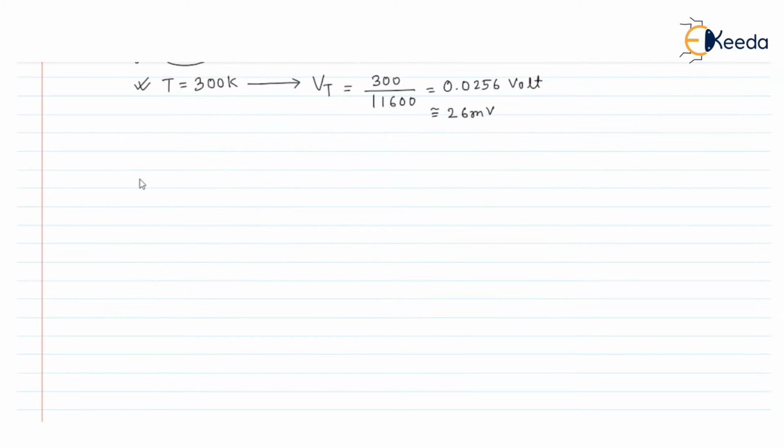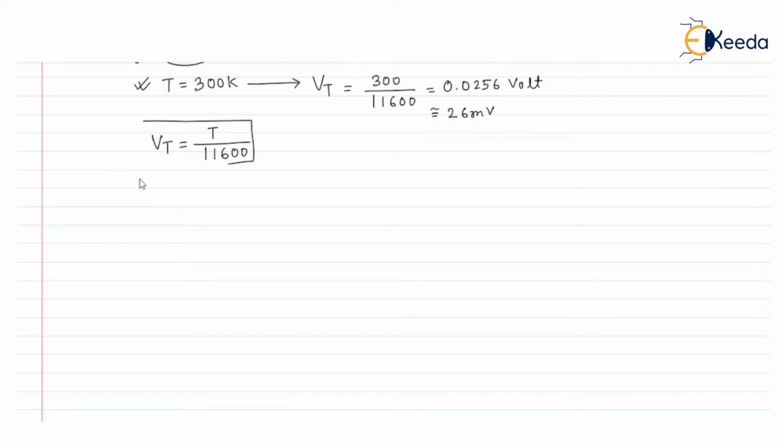So far we have seen that the Vt value, that is the thermal voltage value, is given by capital T divided by 11,600.